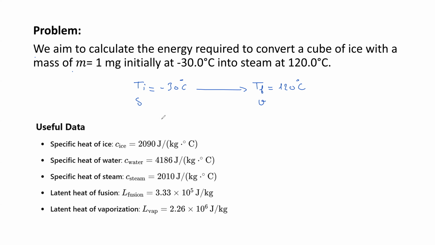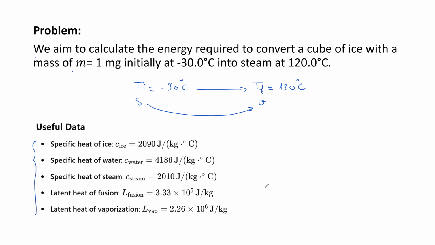So we cannot solve this problem directly from this stage to this stage, because between them we have many steps or many stages to study. First of all, I give you useful data: the specific heat of ice, of water, of steam, and the latent heat of fusion and vaporization.